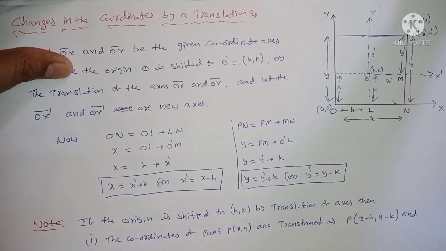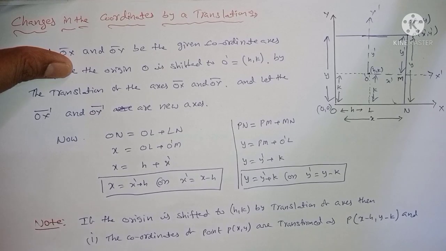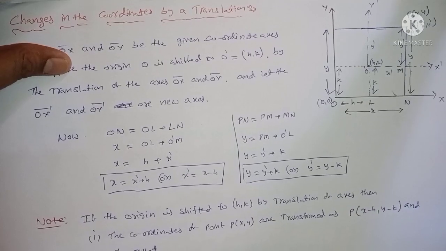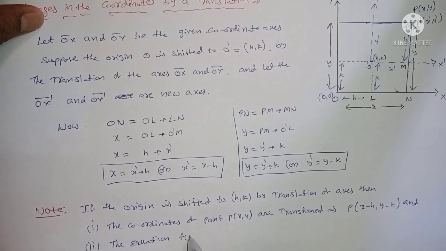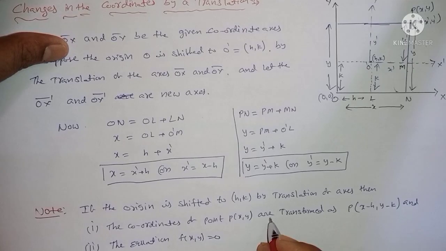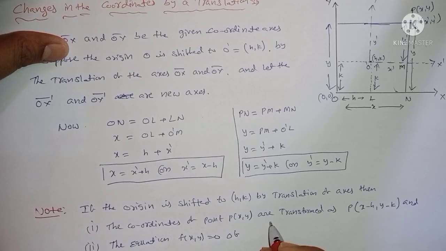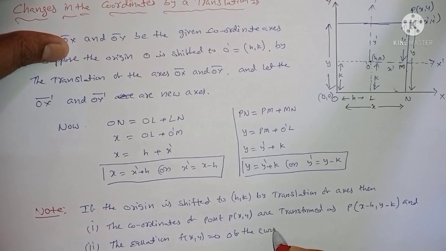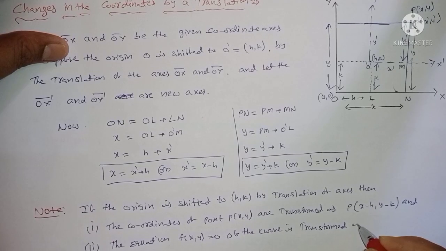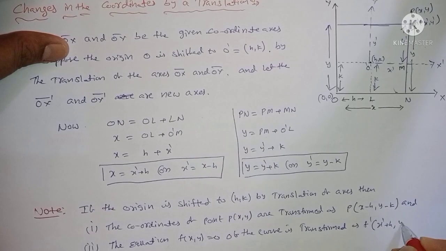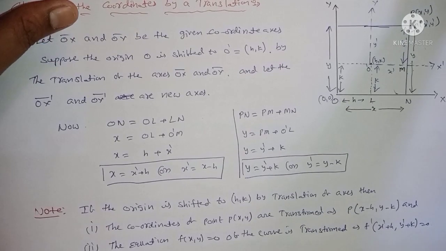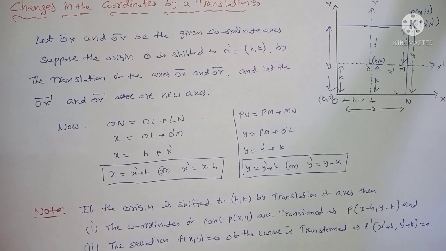And second, the equation f(x, y) equal to 0 of the curve is transformed as f dash of (x dash plus h, y dash plus k) equal to 0. These formulas you can use while solving the problems.